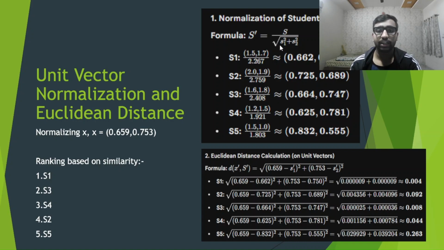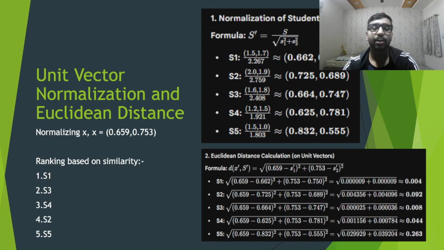Here the denominator, which is the square root of s1 square plus s2 square, corresponds to the magnitude of the data point, where s1 and s2 are the respective data values in the data point, and s corresponds to each value in the data point. So each value in the data point would be divided by its corresponding magnitude to find its unit vector normalization equivalent.